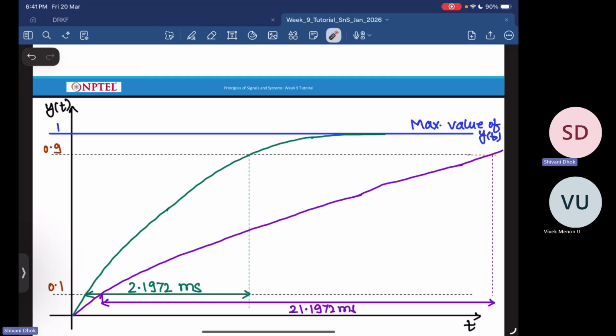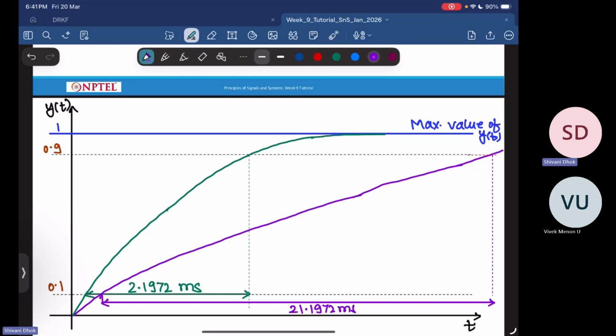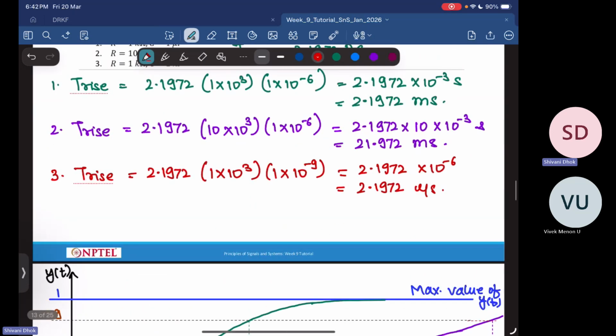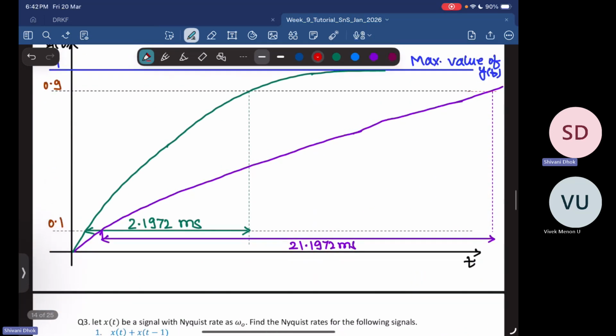takes much longer time to move from 0.1 to 0.9, and the last one that we had was 2.1972 microseconds. So what it does is it quickly goes above 0.9 and saturates to 1, something like this.